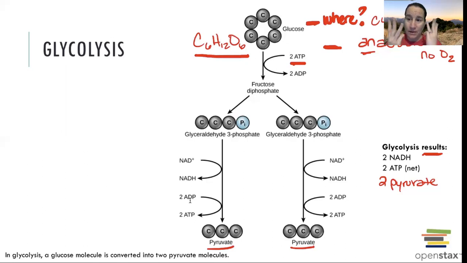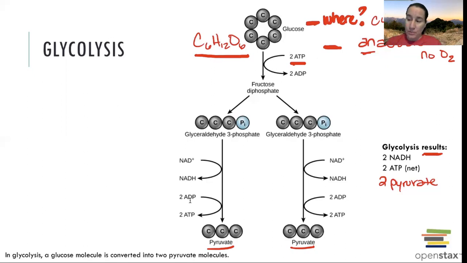So here's a pyruvate, and here's a pyruvate that came from 1 molecule of glucose. Glycolysis is splitting glucose in half. At the end, it's going to end up with 2 3 carbon molecules of a substance called pyruvate.